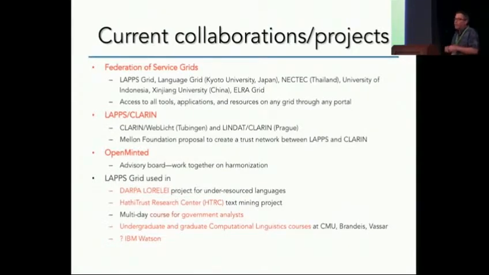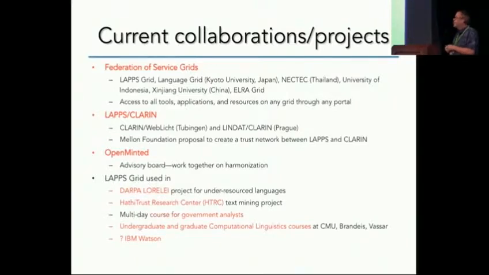We've got a number of collaborations and projects going at the moment. We're federating with grids around the world in Japan, Thailand, China, and Europe. We've recently received a Mellon grant. It says on my slide here that we have a proposal in.